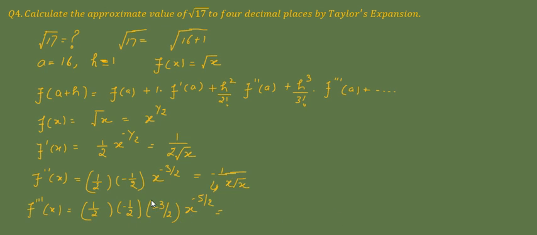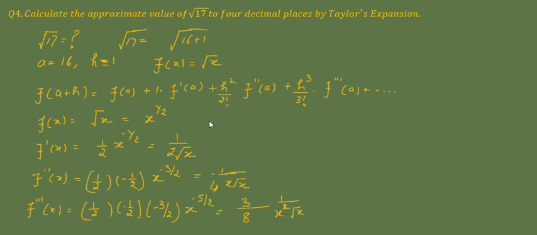In the numerator you have positive 3 divided by 8. Okay, and this is minus 5 by 2, and you can write this as x raised to power 2 plus 1 by 2. So it can be written as x square and root x. So these are the derivatives.